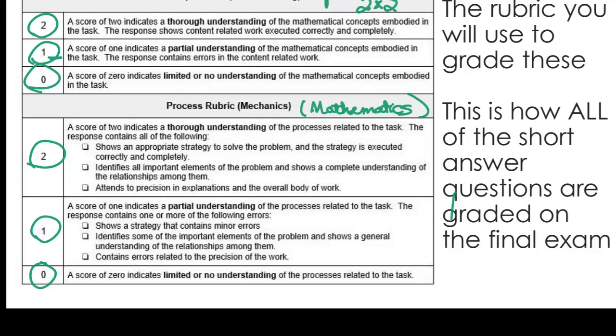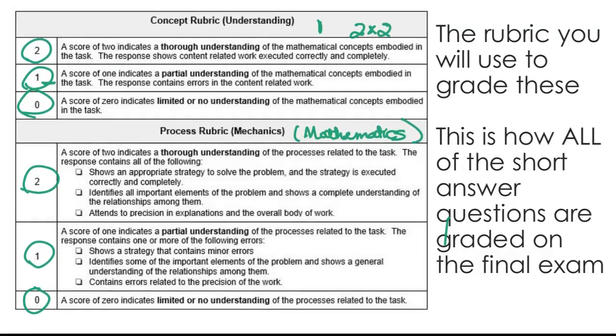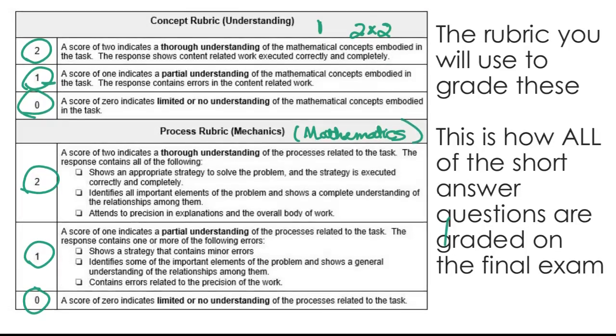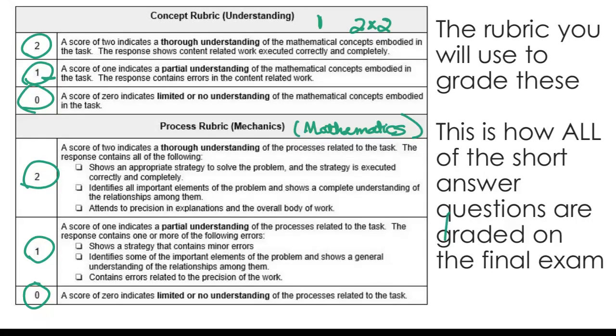A score of 0 indicates limited or no understanding. So if you don't really write anything, obviously that's going to be a 0. Or if you write, I don't know, something like the area of a triangle, have 1/2 in there, that's not showing me. Down here for the mathematics, a score of 2 indicates a thorough understanding.